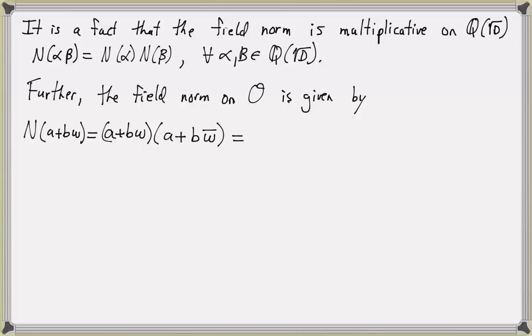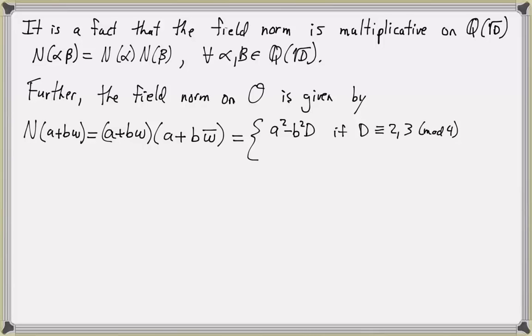And in a second I'll describe what omega bar is. This is going to be defined as a squared minus b squared d if d is congruent to 2 or 3 mod 4.